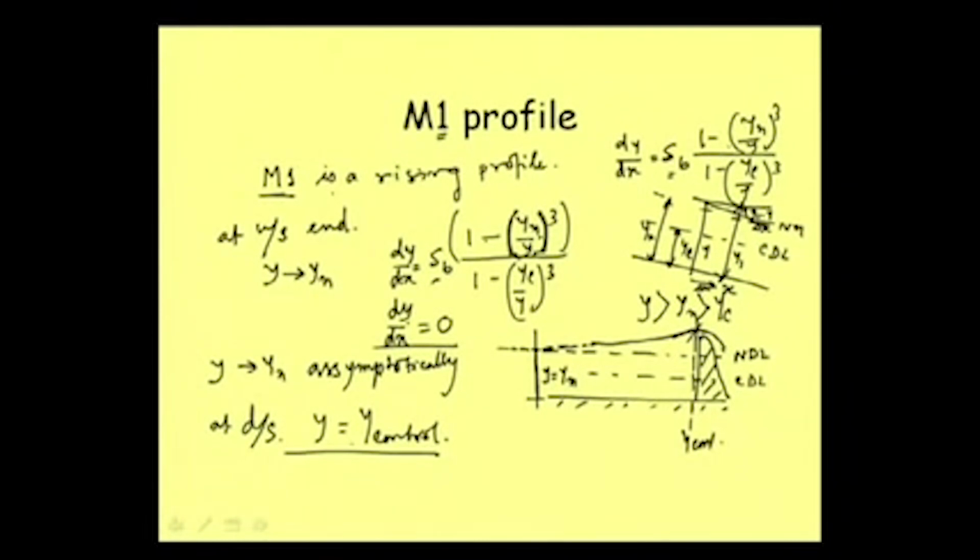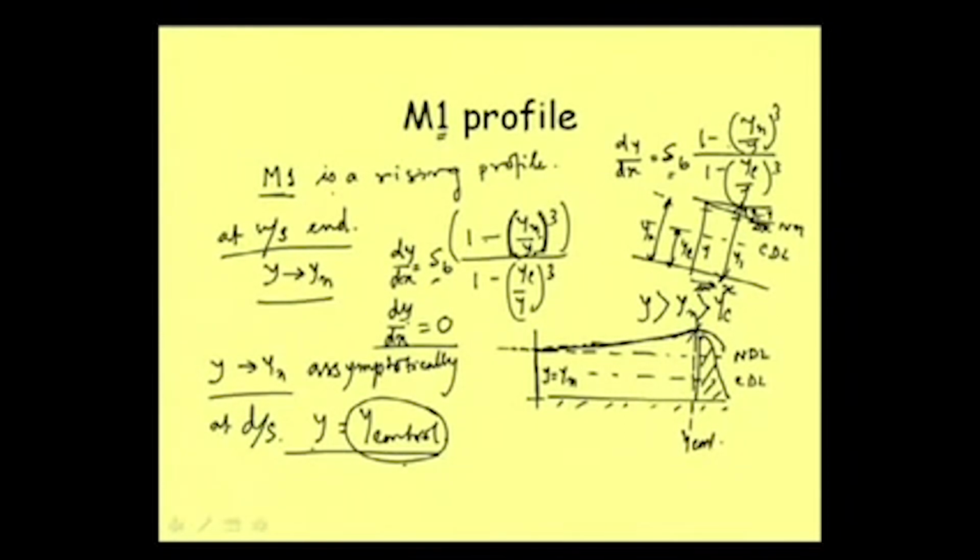So, different other situations may come, but at upstream we are very sure that it will tend to become yn asymptotically, and at the downstream point the control section depth will define the depth of the flow profile, and in between, from here to here, the flow profile is a rising profile. What will be the shape of the profile?